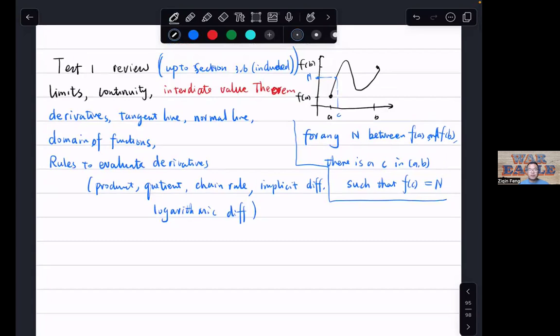Okay, now let's do our examples here. Let's start from the first example. Try to evaluate limits, right?